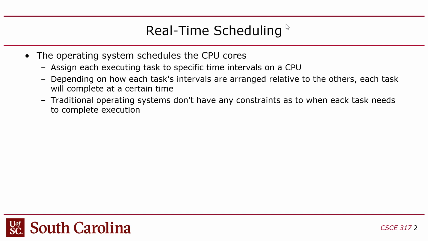And so this is what's called real-time scheduling, right? You need to have the CPU keep up with something that's going on in real time in the physical world. In that case, you need a real-time operating system. Linux is not a real-time operating system, neither is Windows.